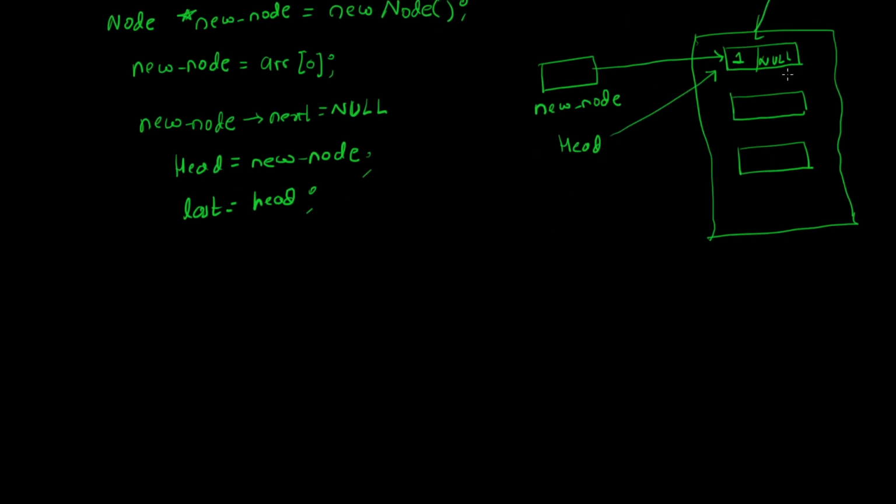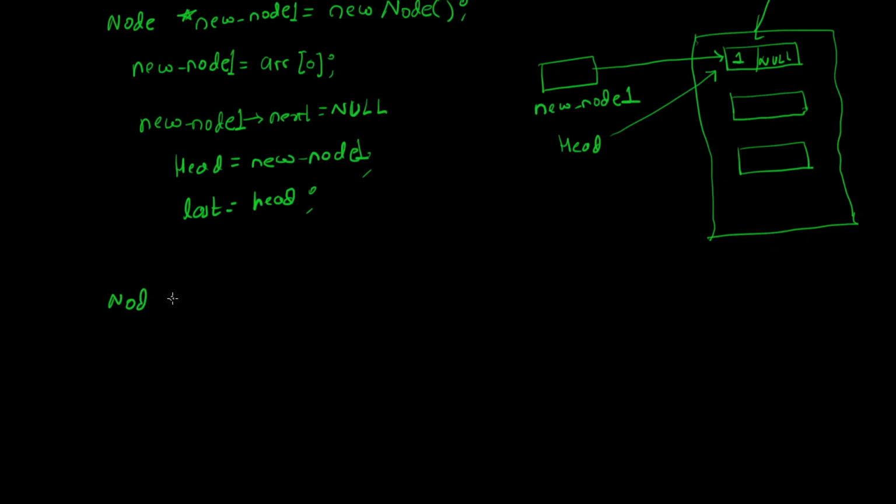Now we have to repeat this process again if we want to create a new node and link it to the previous one. So how are we going to do that? Let's say this new node was actually new node 1. Now we have to create a new node again.